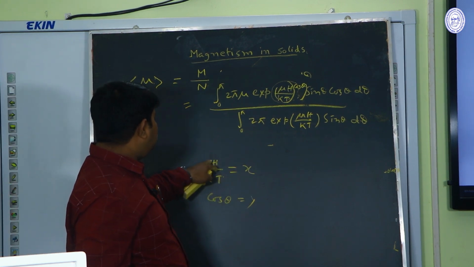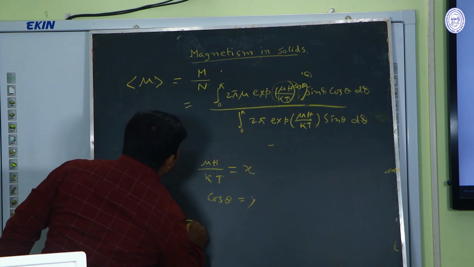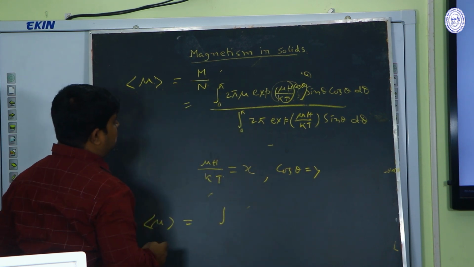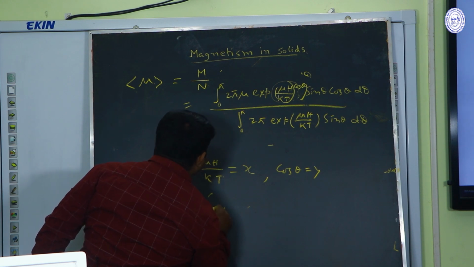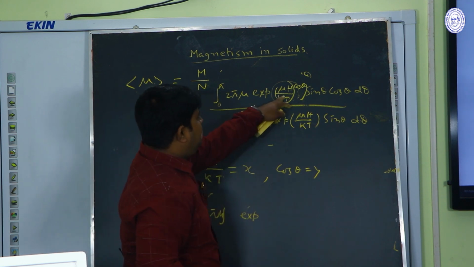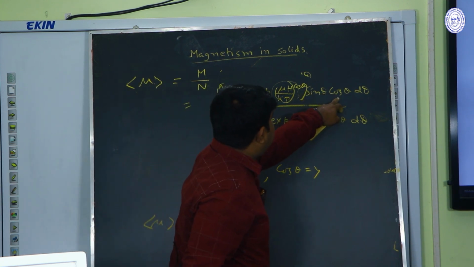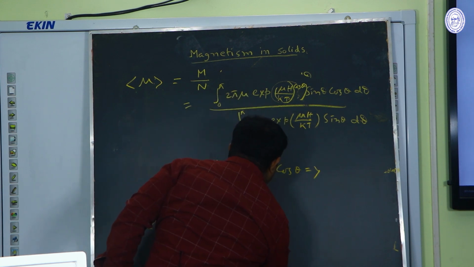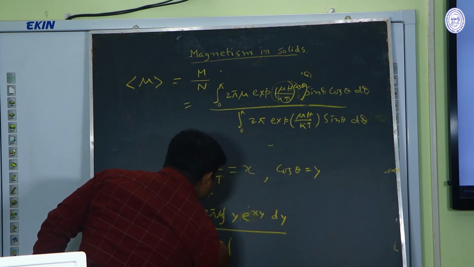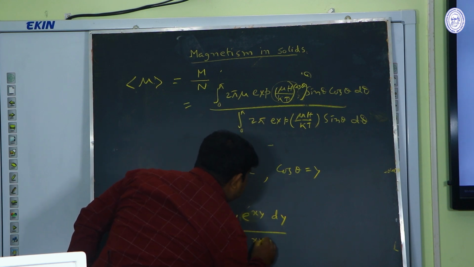Now replacing the values of mu H by kT and cos theta, we get mu average is equal to the integration of 2 pi mu e to the power xy into y into dy, divided by the integration of 2 pi e to the power xy dy.